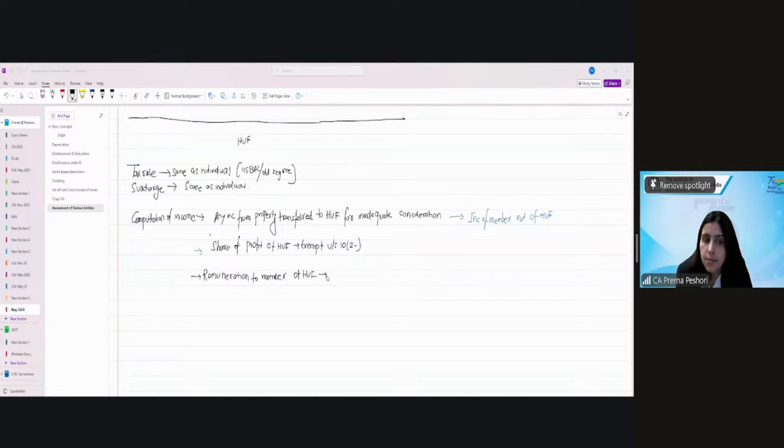This is allowed as deduction to the HUF and taxable in the hands of the member. Fine. Then receipt of gift by the HUF.